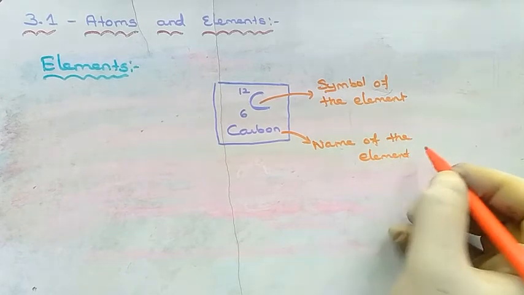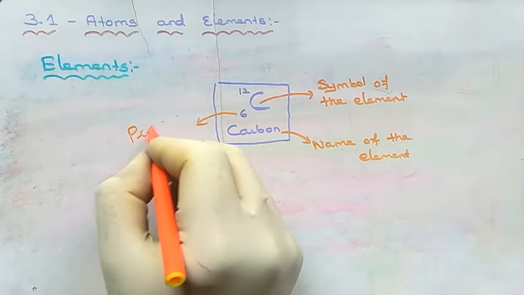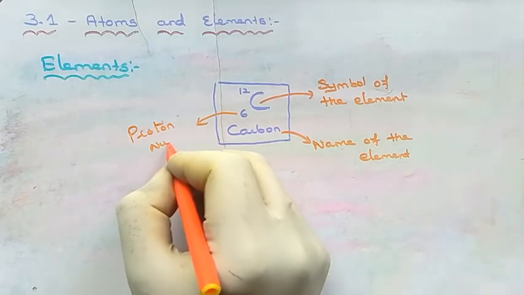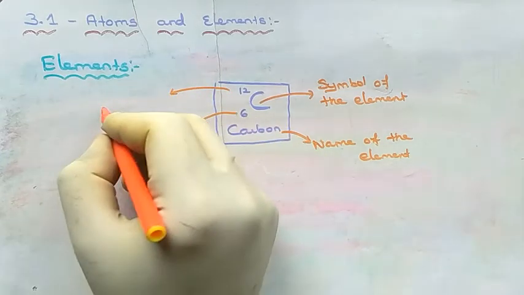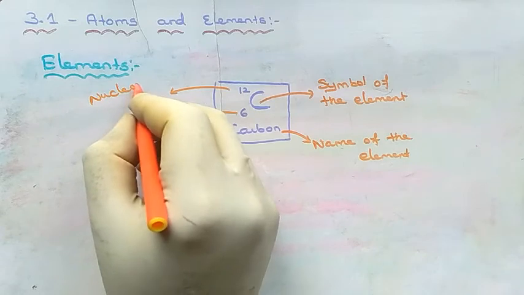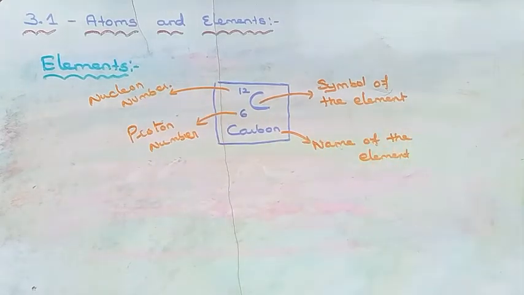Six is the proton number and 12 is the nucleon number. So these details we can get from the periodic table.